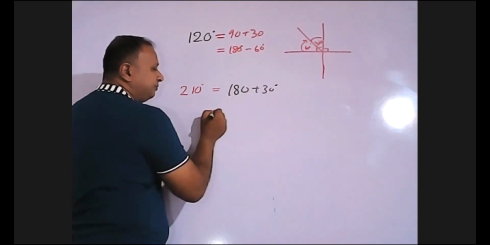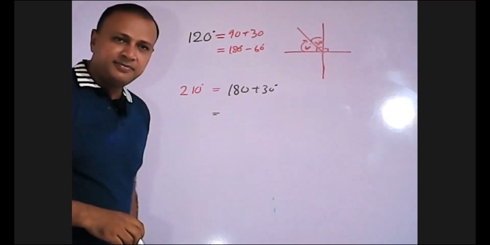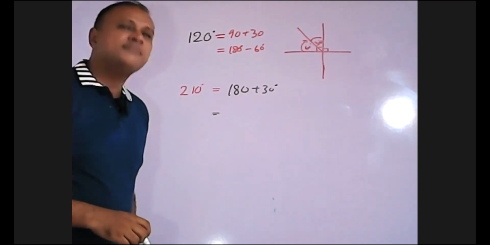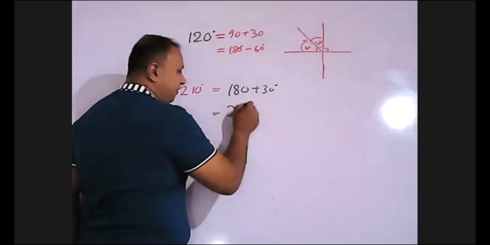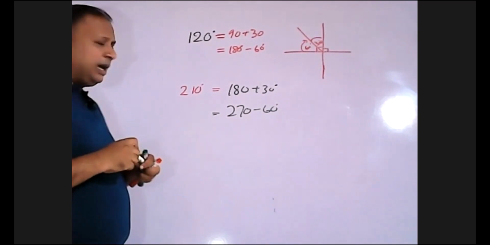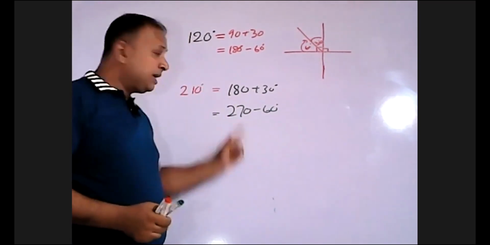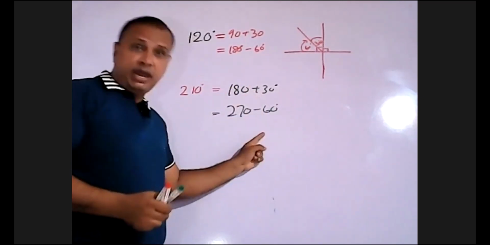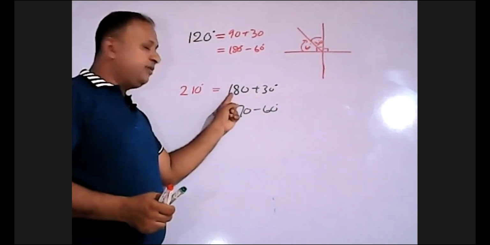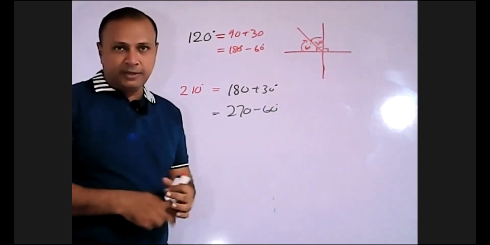The other one, as a subtraction, 270 minus 60. Very good. Likewise, any angle can be written as an addition or subtraction between the integral multiplication of 90 and an acute angle.